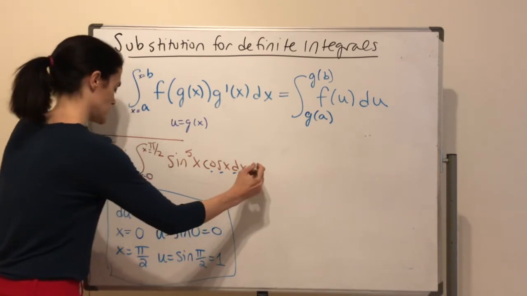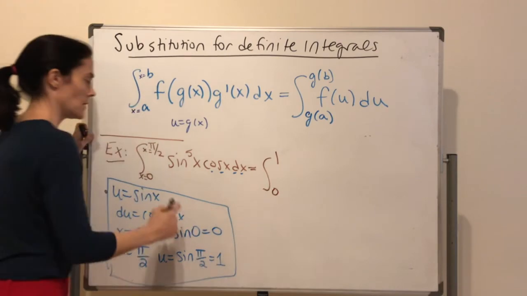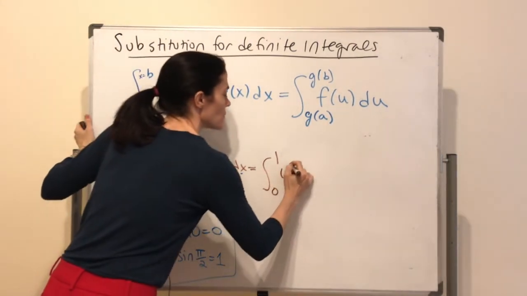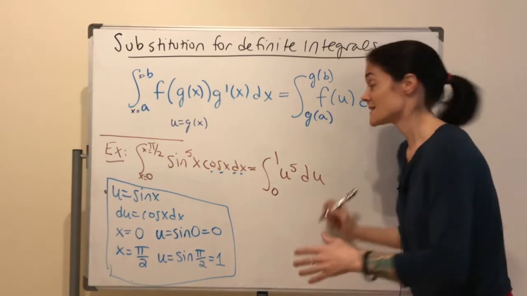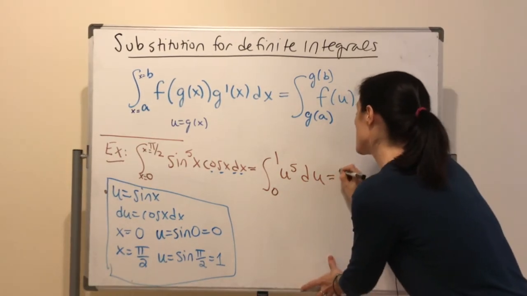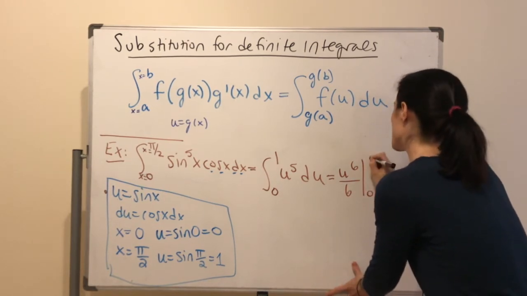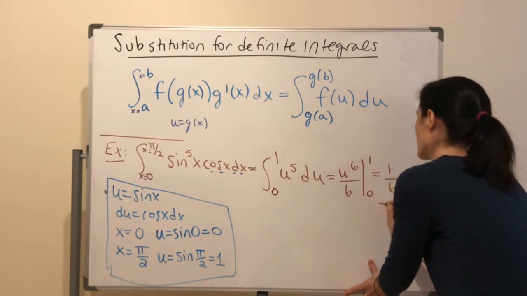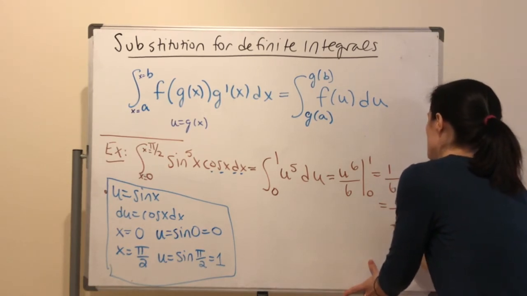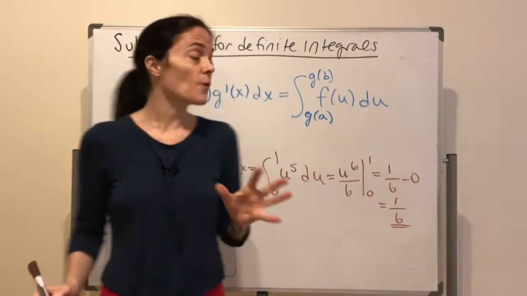It goes like this. It's an integral from 0 to 1 of u to the 5th du. We integrate u to the 6th over 6 evaluated between 0 and 1. We get 1/6 minus 0, which is 1 over 6. And it's the same value that we had before.